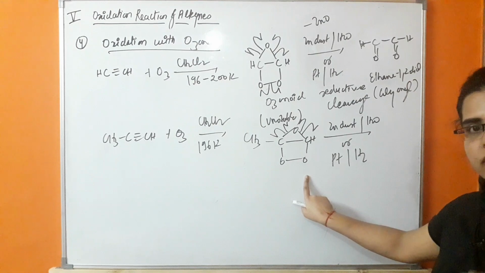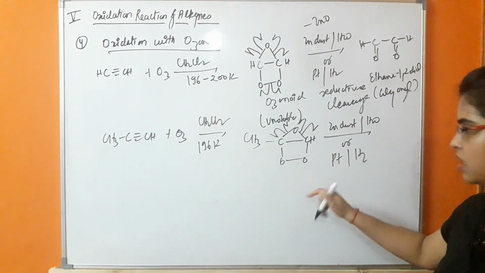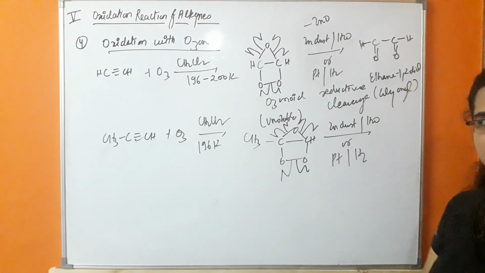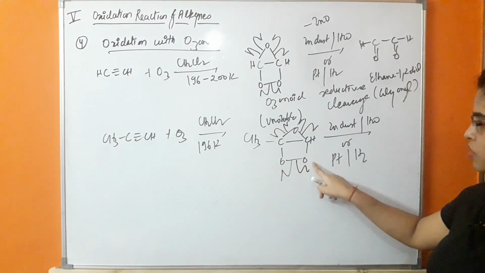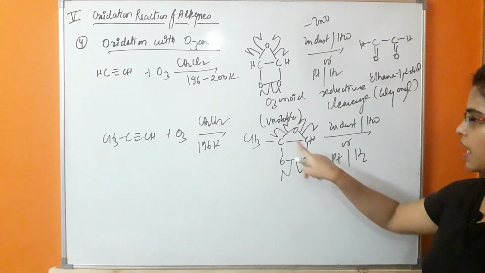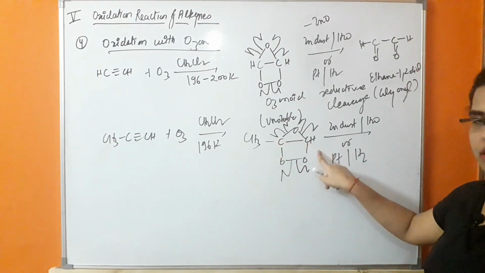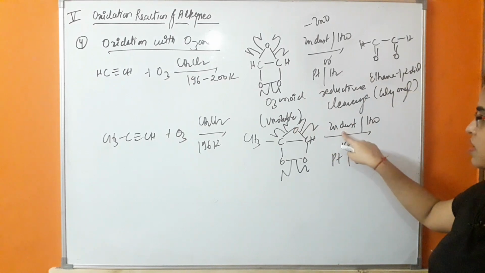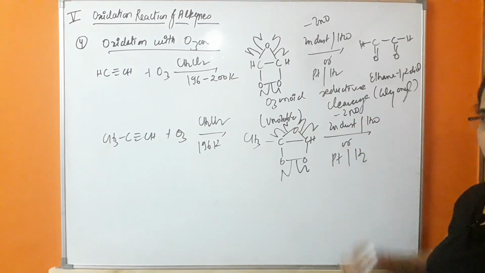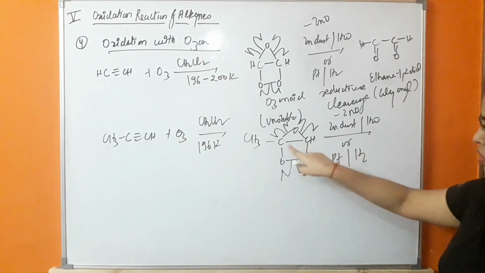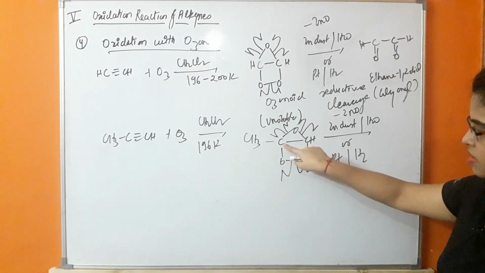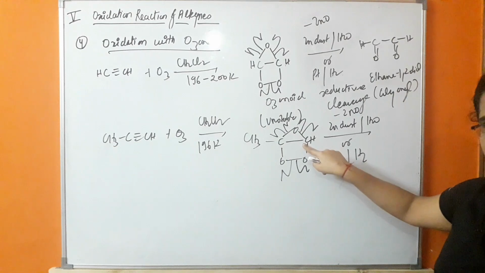So there will be odd electron on both the oxygen and also odd electron on both the carbon, whereas this oxygen will be removed and combined with the zinc. So there will be removal of ZnO and the formation of C double bond O, C double bond O, and this C single bond C remains intact.